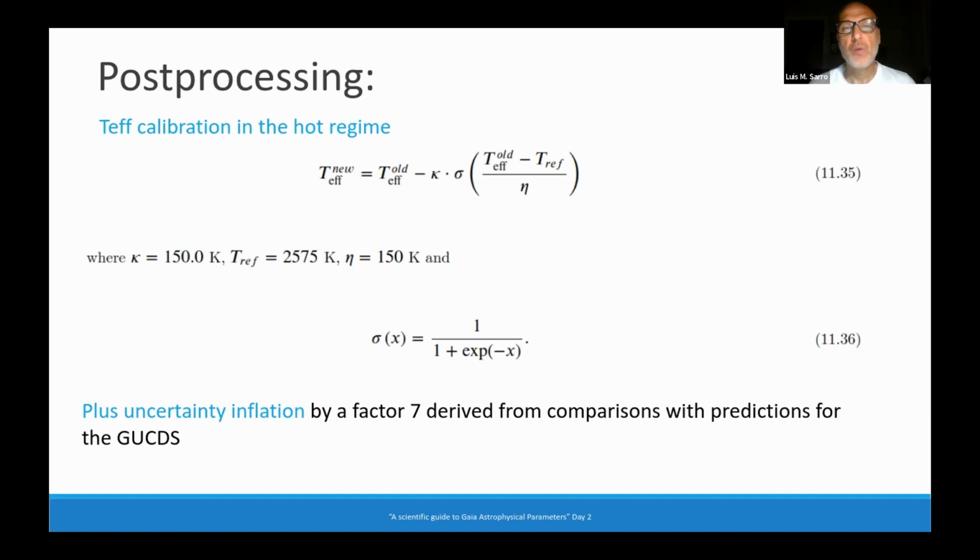And so we did this calibration in the hot regime, and we inflated the uncertainties by a factor of 7, which we derived again from comparisons for our golden sample, which is the Gaia ultracool dwarf sample. Again, I repeat, these are ultracool dwarfs known before the launch of Gaia, well-known ultracool dwarfs, for which there is at least an estimate of the spectral type.